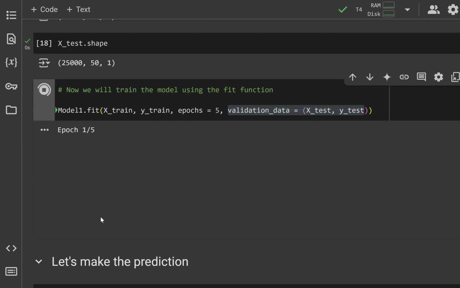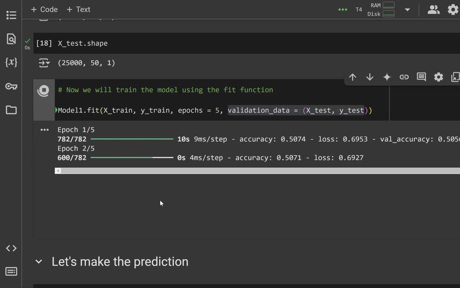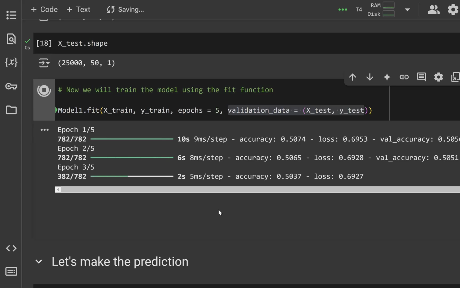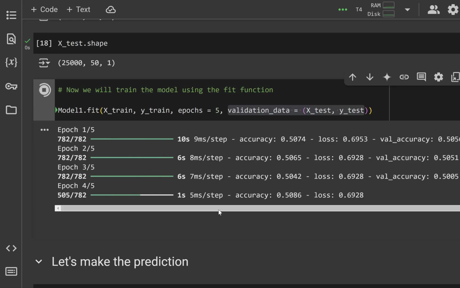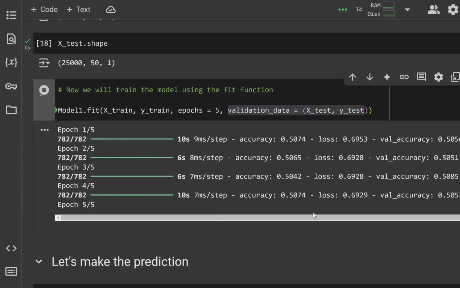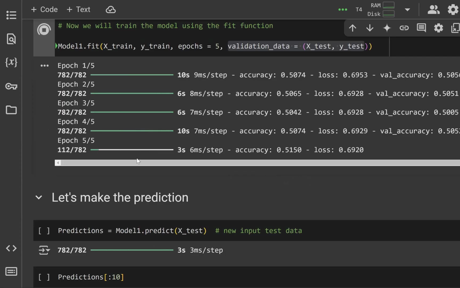If you run it, it runs very fast because we are running it in GPU mode. Okay, so it has run 5 times.